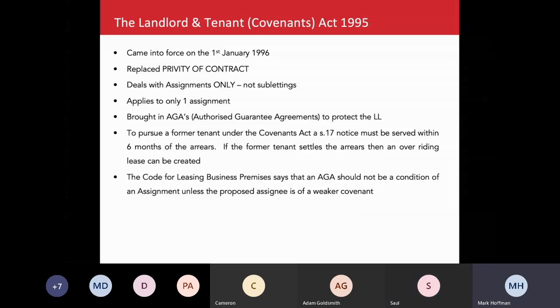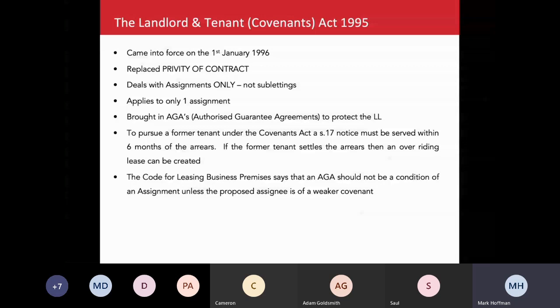The Code for Leasing Business Premises says that an authorized guarantee agreement should not be a condition of an assignment unless the proposed assignee is of a weaker covenant. So there may not be an authorized guarantee agreement in the lease, but it can be added.